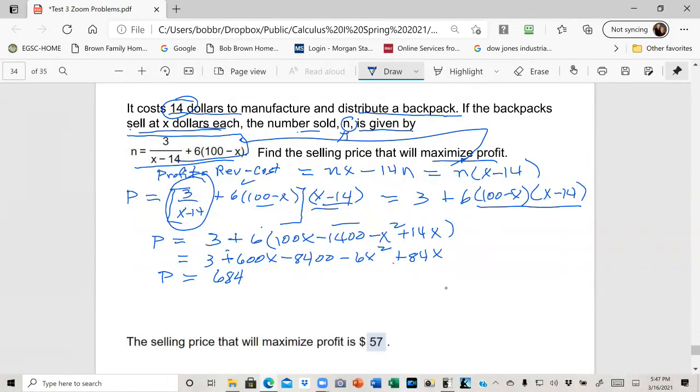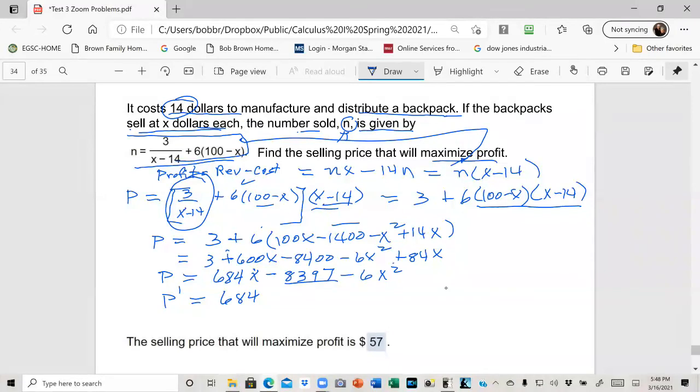And so simplifying this, we get the profit is equal to 684X minus 8397 minus 6X squared. And now we take the first derivative of the profit and we get 684.